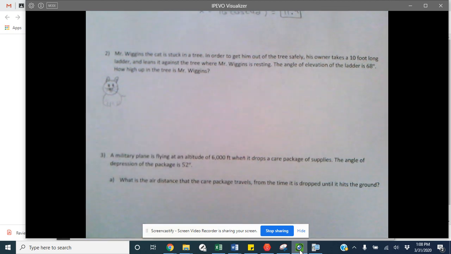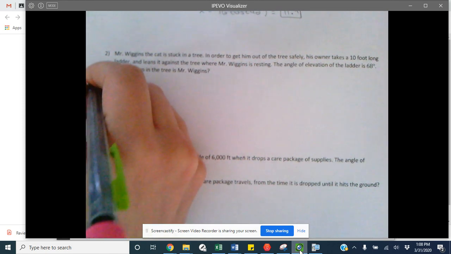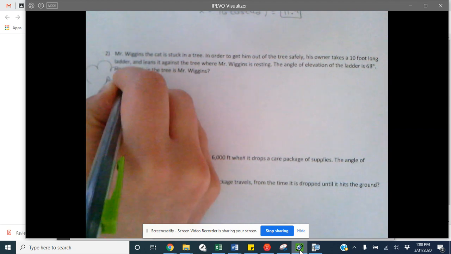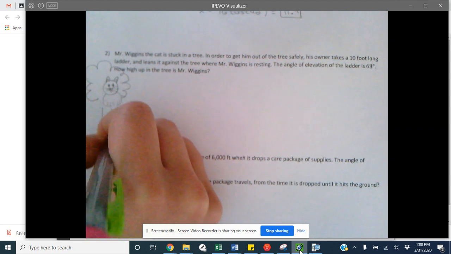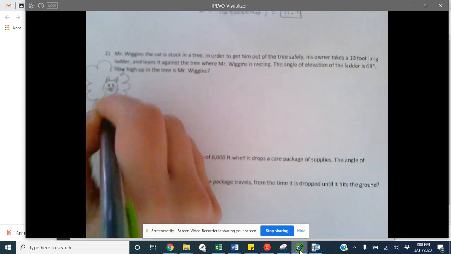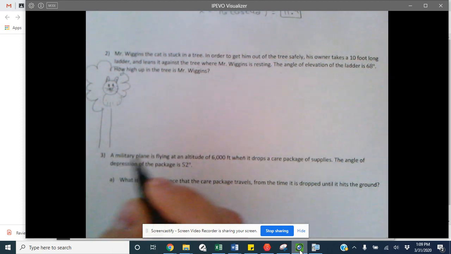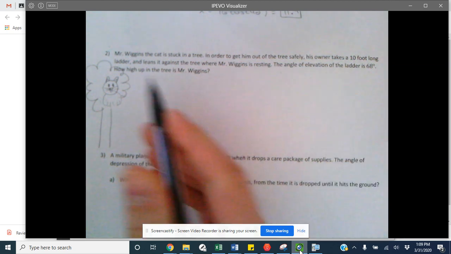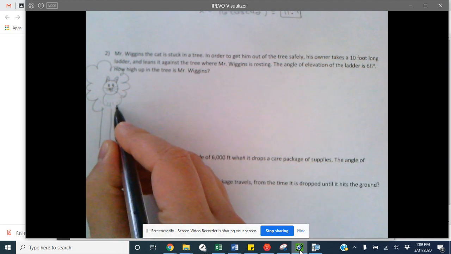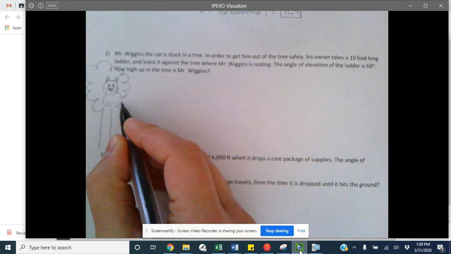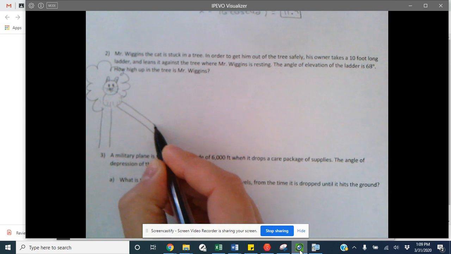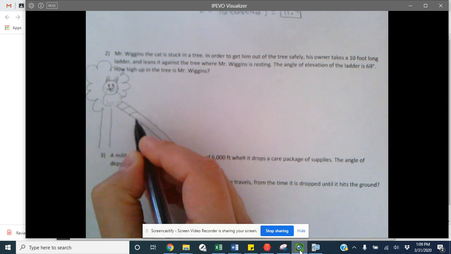Okay. All right. So there's Mr. Wiggins. And now let's get him up in this big tree. All right. Next we have a ladder. And the ladder is leaning against where he is resting in the tree. So a ladder is going to lean, right? So here's my ladder.